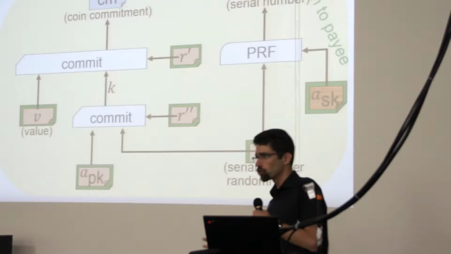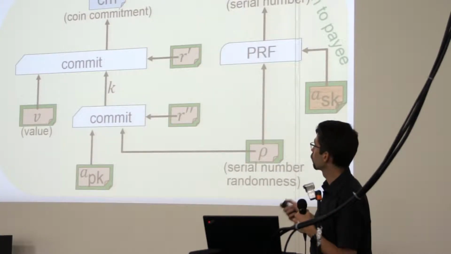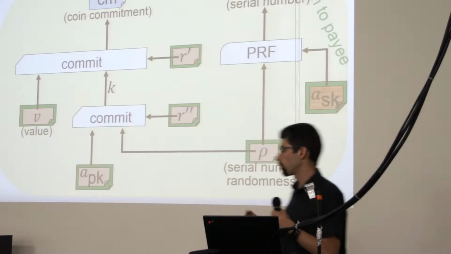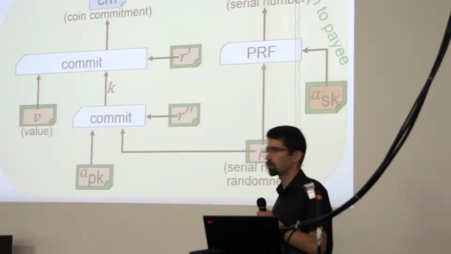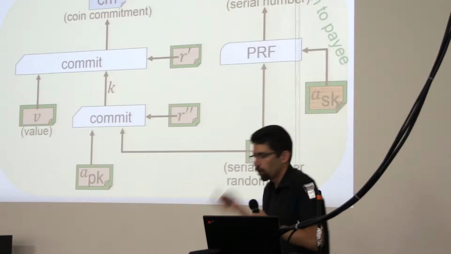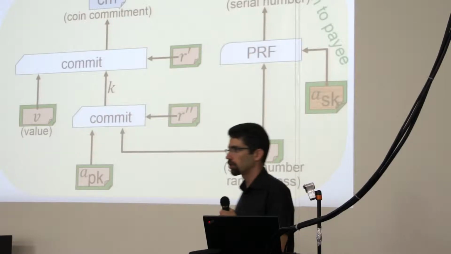Now, there's just a question of how do we send those secret values to the payee, and there are two options. You can either send them out of band. If you have their public key, just send it by whatever channel you have.